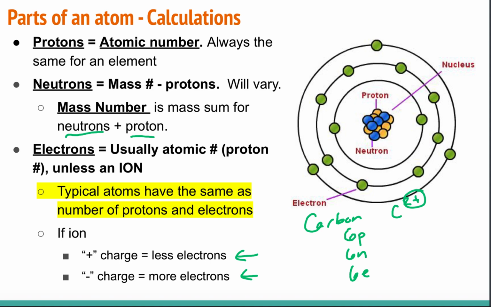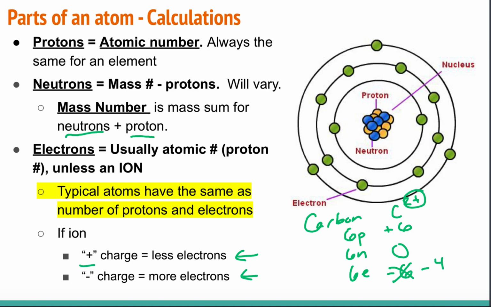The neutrons provide 0. Each proton provides a plus charge, so it's +6, and each electron provides a minus charge, so it's -6. In order for this carbon ion to be +2, what actually has to happen is it needs 2 more protons than electrons. So that actually means I'm going to need 4 electrons in order to achieve that +2.